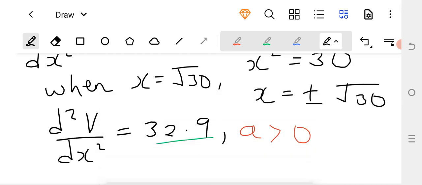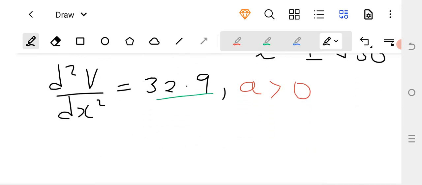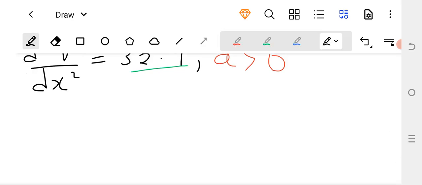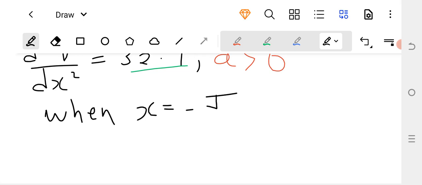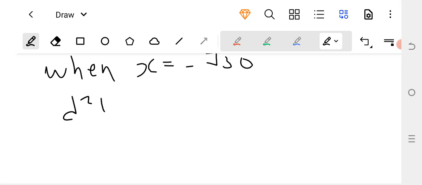I hope that makes sense. Just want to remove any queries. In the exam you don't need to show all this work. This is just for the sake of explanation. When x is equal to negative square root of 30, from there you can simply say that the d²V/dx², if you substitute 6 times negative square root of 30, you just need to put the negative number there.